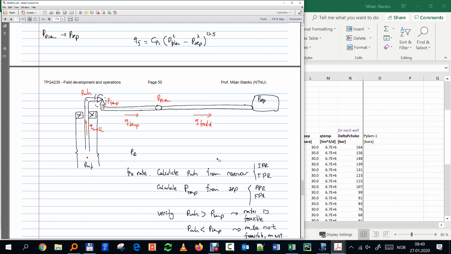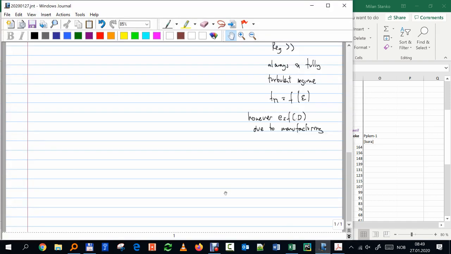Let's make it as a plot. Let's make again our well system: PR, PWF, and P wellhead.